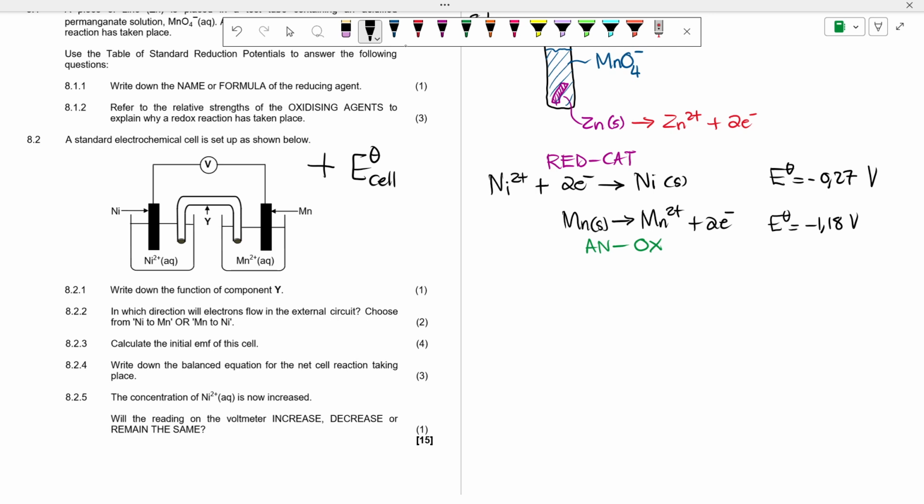Mn to nickel. Mn to nickel, and that's correct because Mn is losing electrons, nickel is happy to take them.